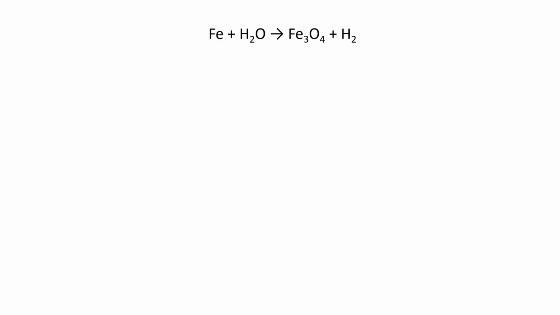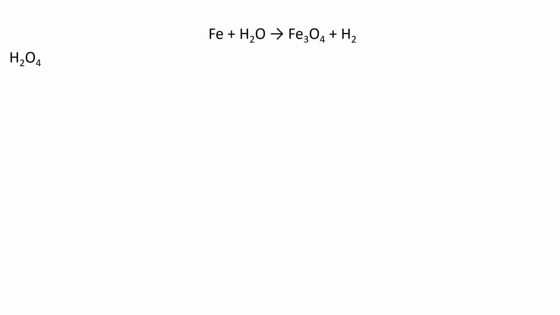So this is the equation, and now we were discussing that oxygen is having 4 atoms on the product side and it is having 1 atom on the reactant side.